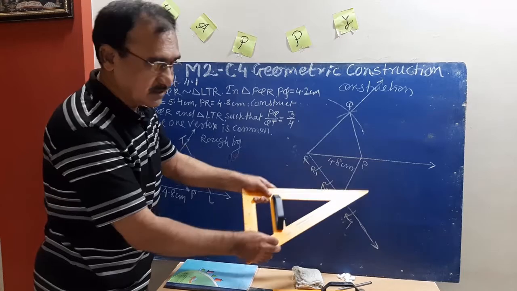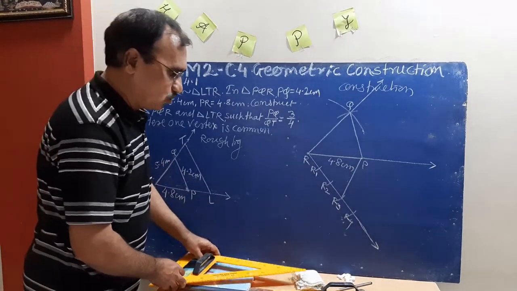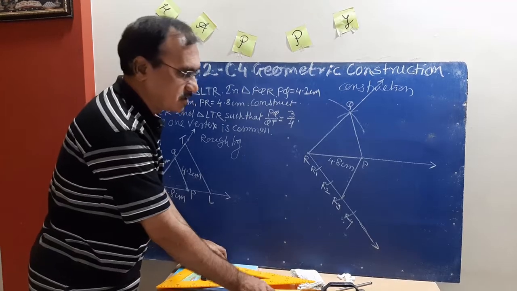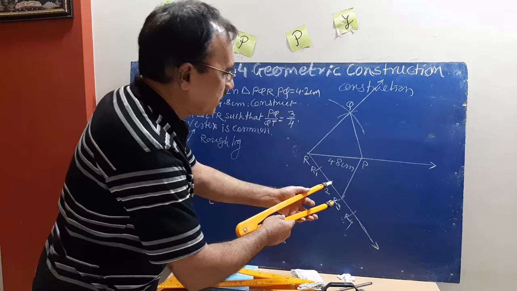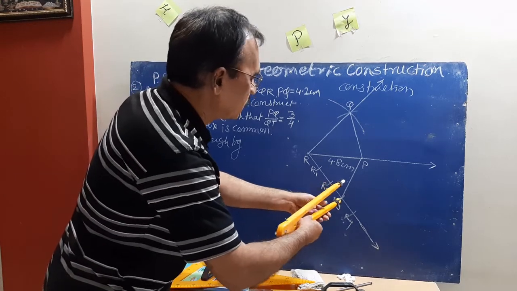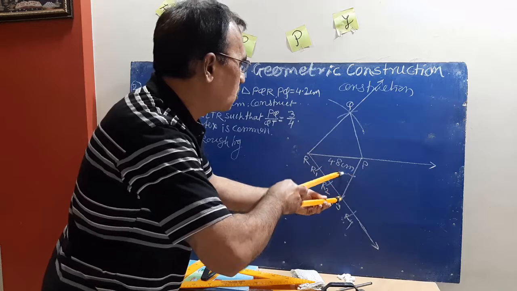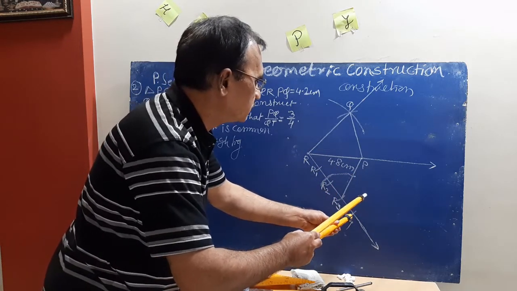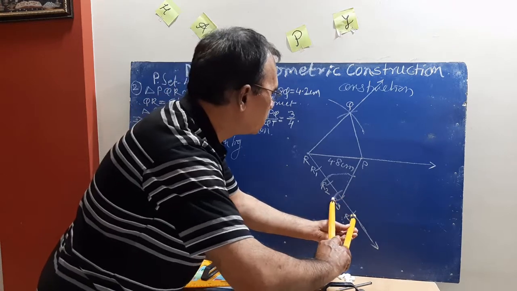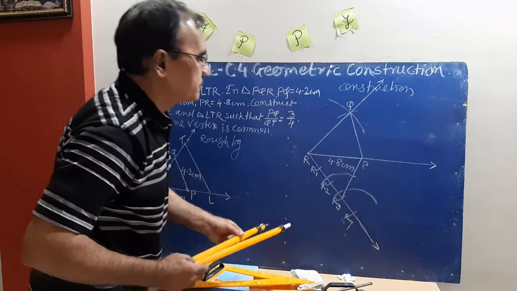We have to draw the segment through R4 which is parallel to PR3, and you know how to construct a parallel line with the help of this. Put the pointer here, take a convenient radius and draw an arc here. Then from this point draw an arc here with the same radius.